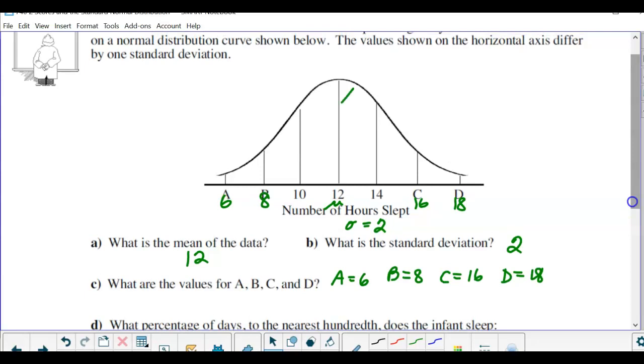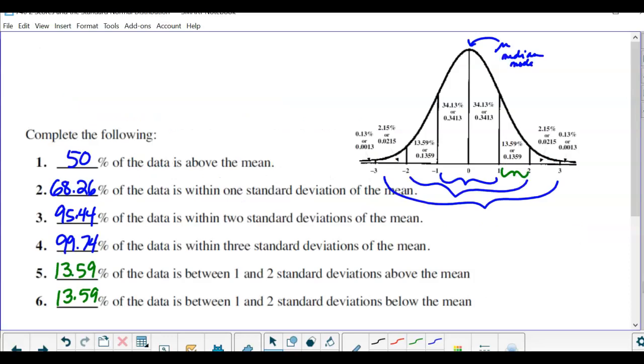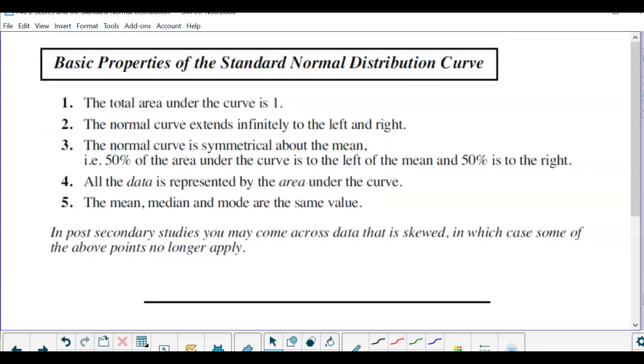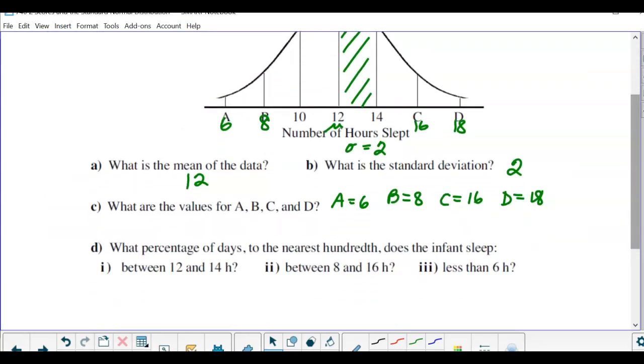So we want to find the area of that piece, which if you look on the left of your page, here it's 34.13% or 0.3413. Okay, and we're asked for percent, so that's going to be 34.13%.